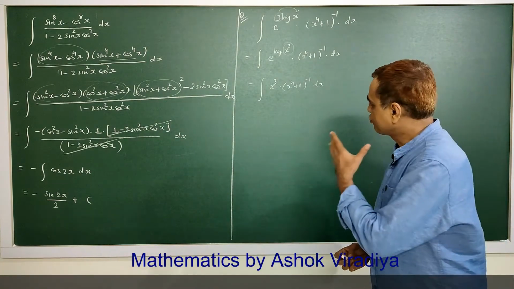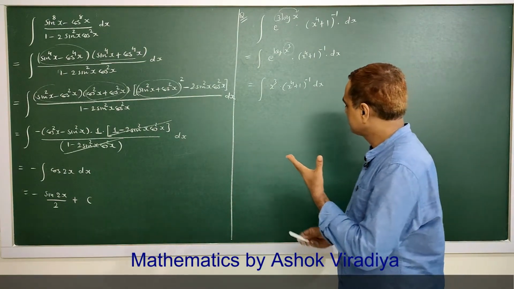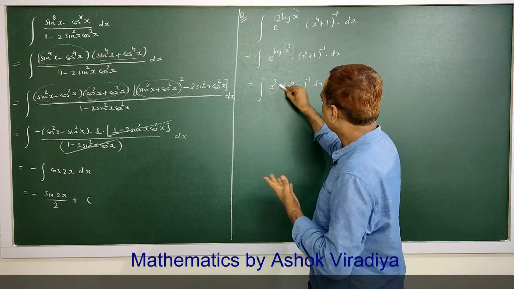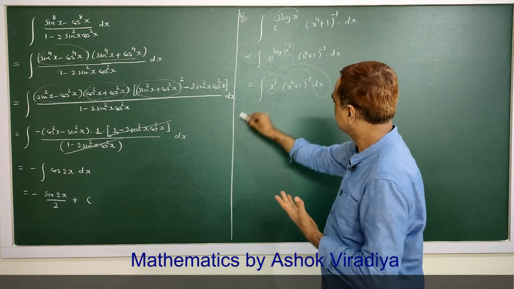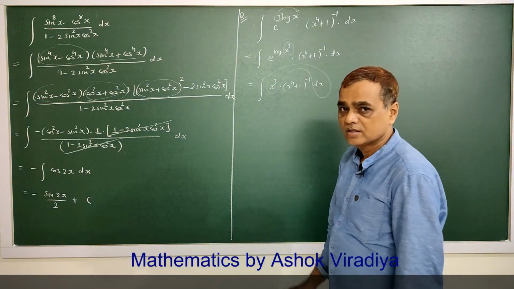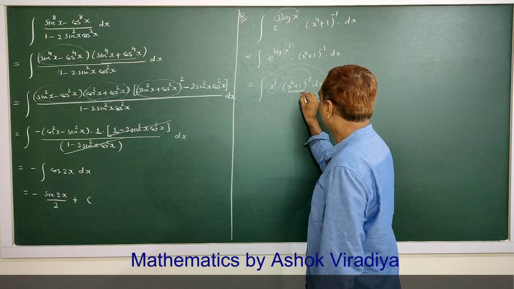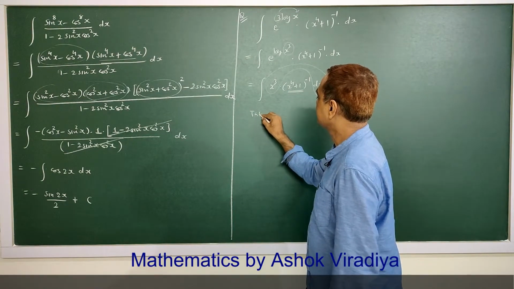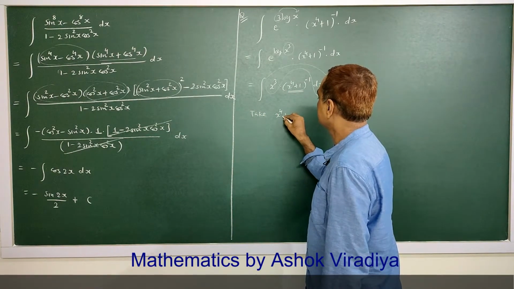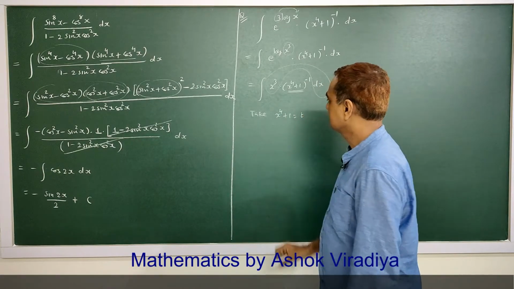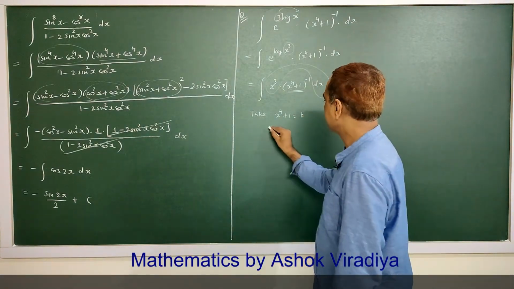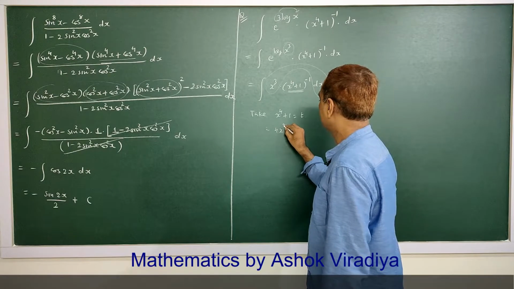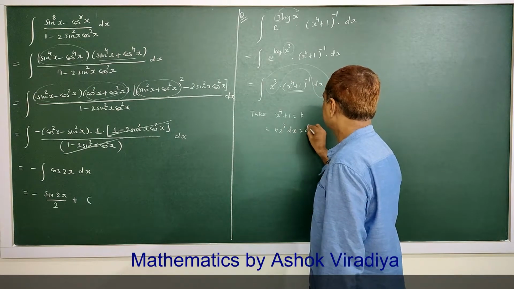Now from this function you can see that we can get an idea from this x cube dx. If we take x^4 plus 1 equal to t, so 4x cube dx is dt.